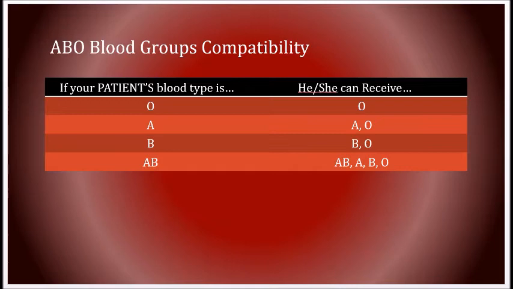So just to summarize, if your patient is type O, then the patient will only be able to receive type O blood, because type O is the universal donor. On the other hand, if you're type AB, then you are able to receive AB, type A, type B, and type O blood.